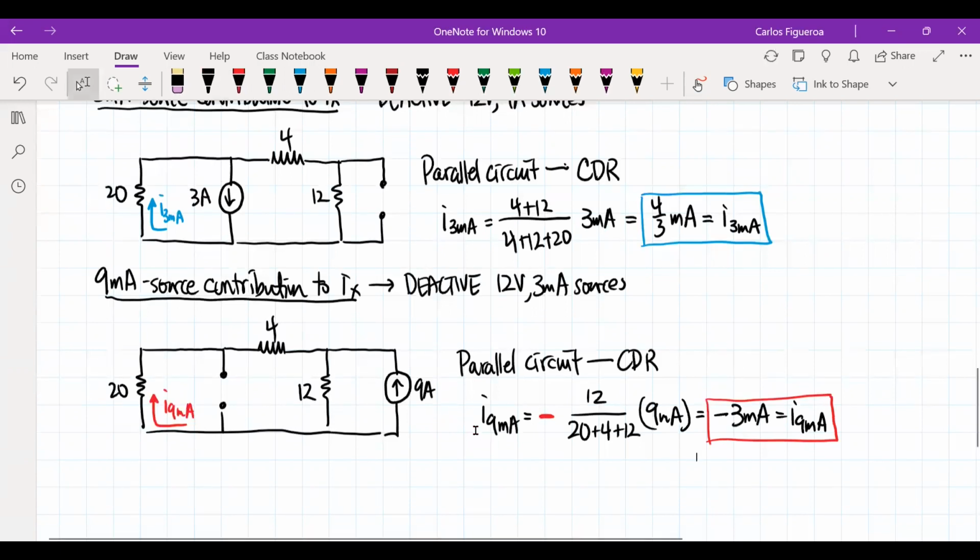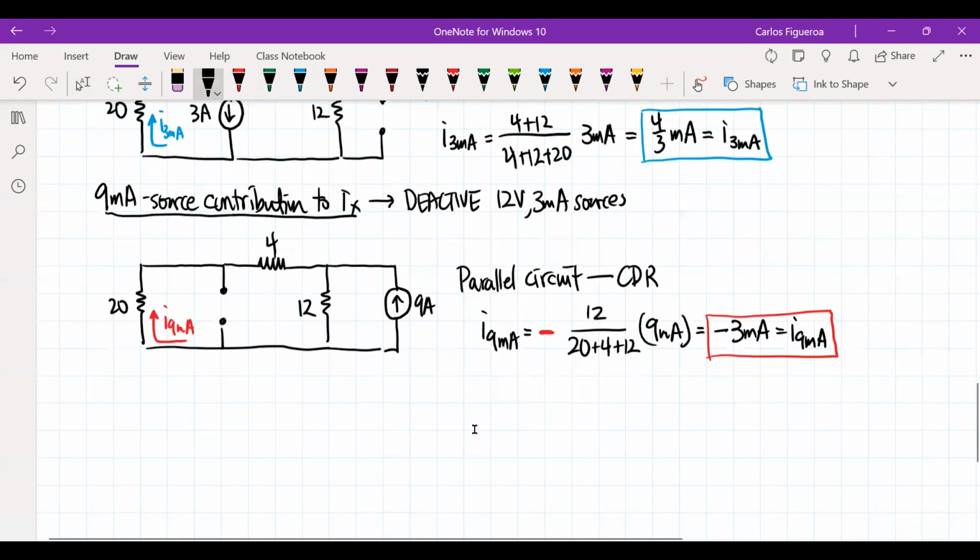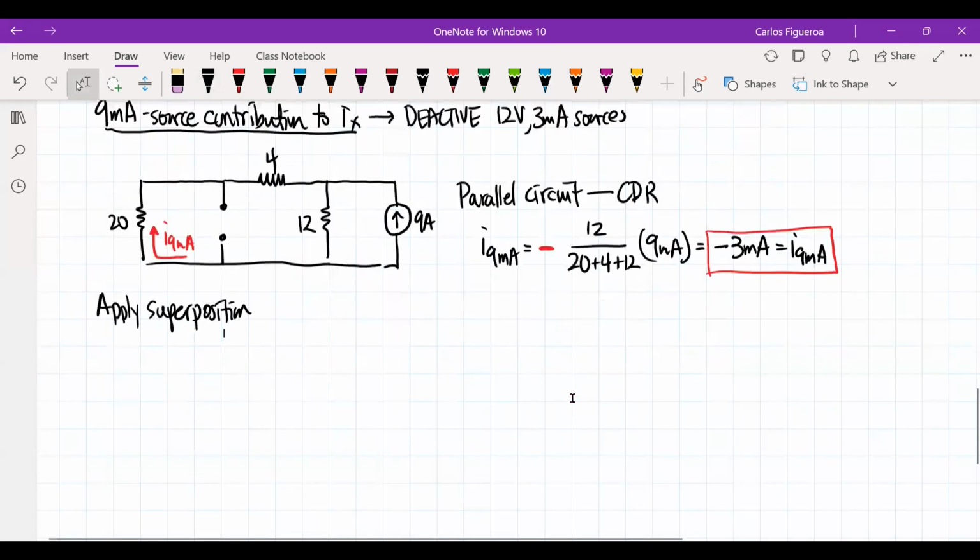Now if I apply superposition, I have my circuit. So what's my circuit?